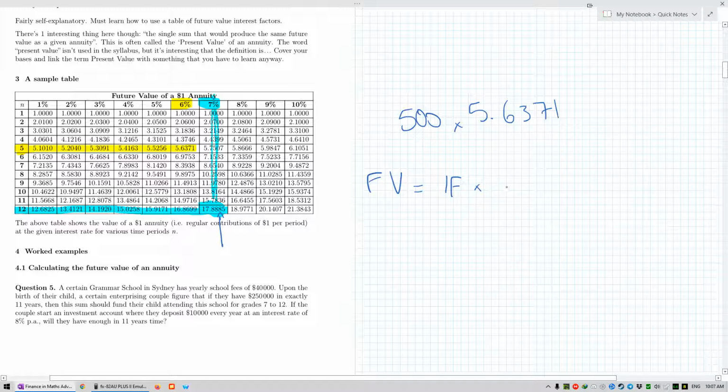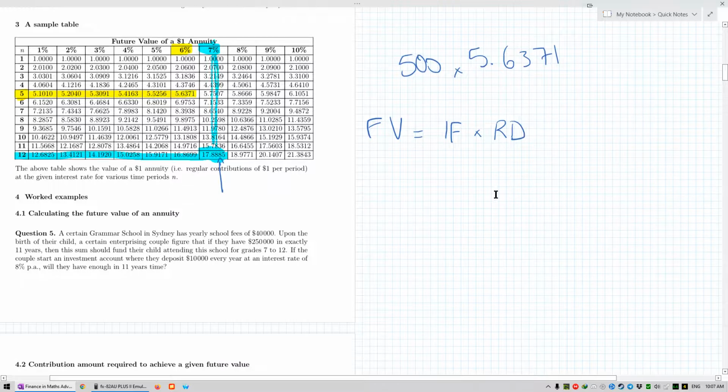It's the amount that you're depositing on a regular basis. So I'll call it RD for regular deposits. So that's kind of like the equation. I can't totally remember, I'm sure there's a proper one. It's not coming to my mind at the moment. To use this table, the future value of an annuity is equal to the interest factor that you find in the table multiplied by the regular deposits you're making.